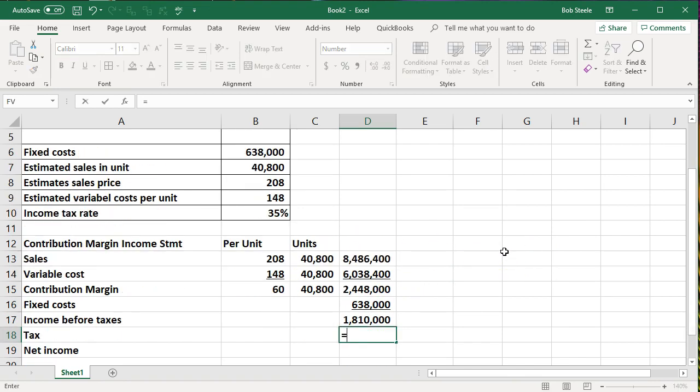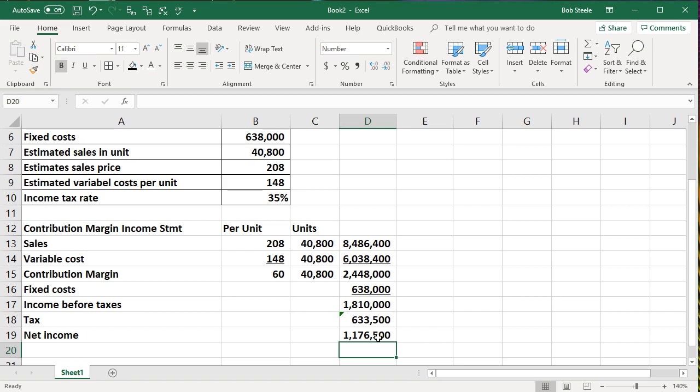So I can just say this equals the income times the tax rate of 35%. That's the 6,335, and then we can take our income before taxes minus the taxes, and that'll give us our income number here. I'm going to go ahead and underline this, and then we will double underline that. There we have it. So we can make this then the total, and then we can clean this up.